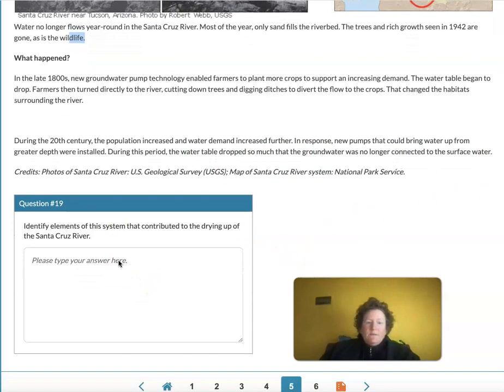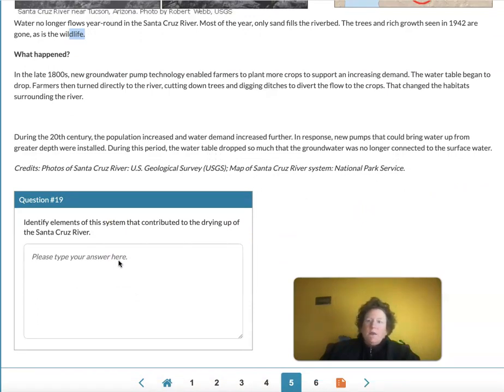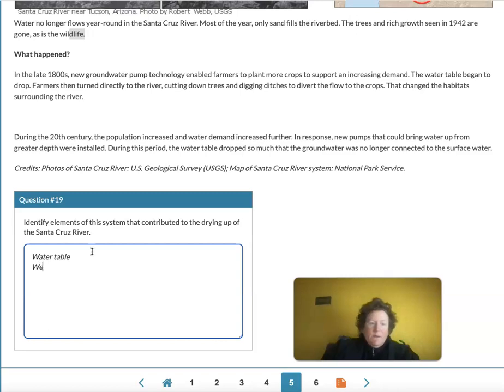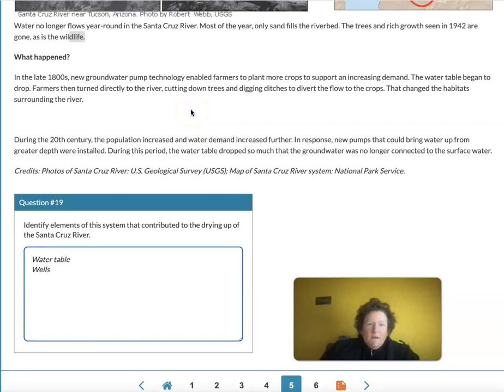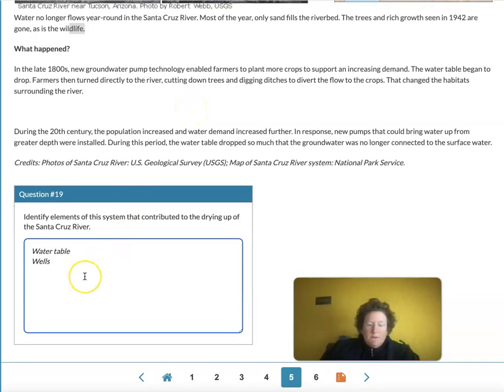Identify the elements of this system that contribute to the drying up of the Santa Cruz River. So, the first thing we have to talk about is the water table. We have lots of wells. We have, it said, cutting down trees and digging ditches.